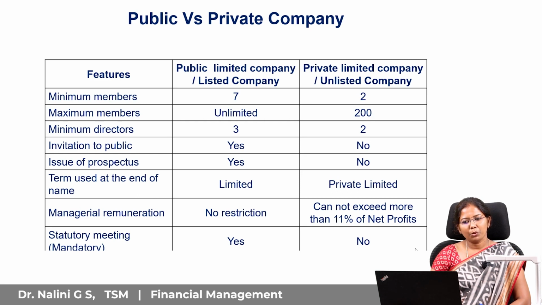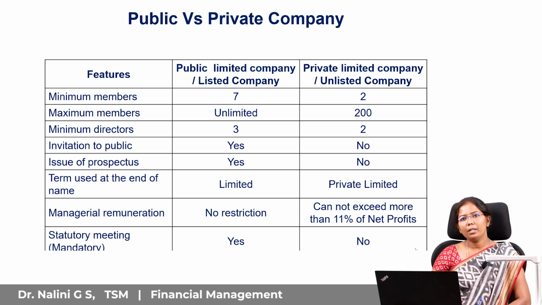For private we need a minimum of 2, whereas for public the minimum is 7, and the maximum in case of public company is unlimited, and for private company it is 200 directors. Invitation to the public for a public company of course has to issue the prospectus, and a public company generally uses the word limited. The word limited follows the public company name, and in case of a private company the words private limited follow the company name.